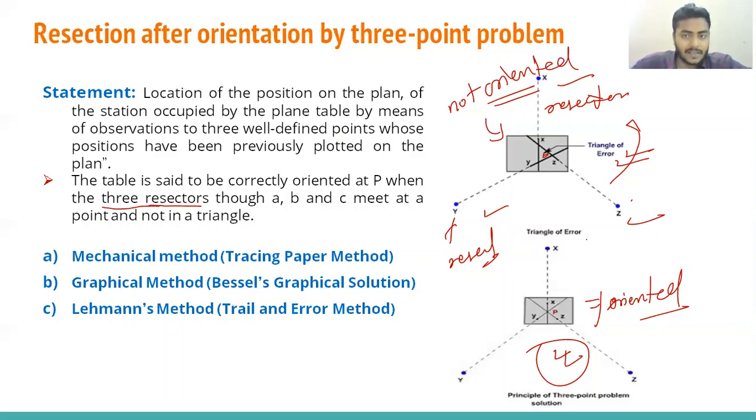We can see that the triangle of error is getting reduced, so we keep doing that. Once the triangle reduces and approaches a point, we can say the table is properly oriented. Our orientation is done. So there are three methods I will discuss. Let's start with the mechanical method, also called the tracing paper method.